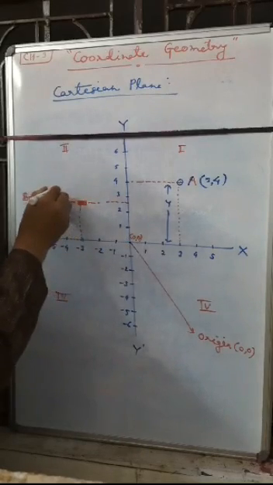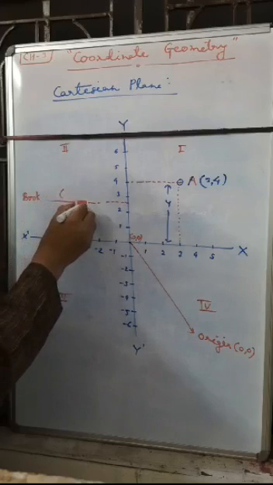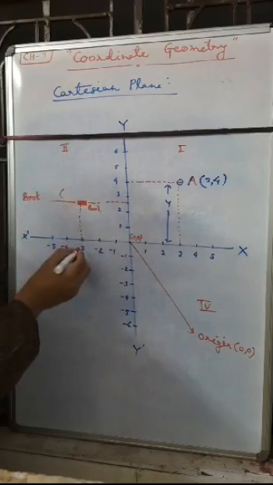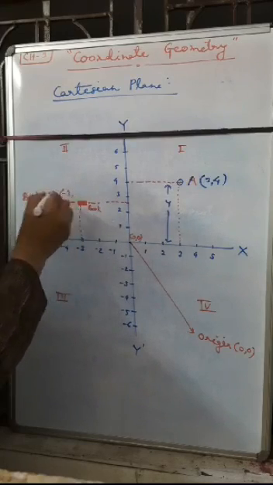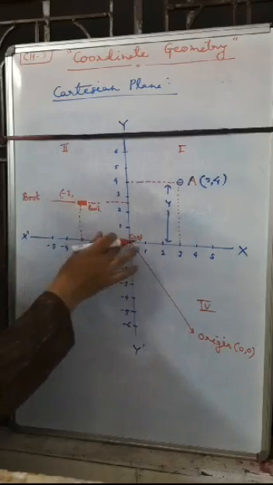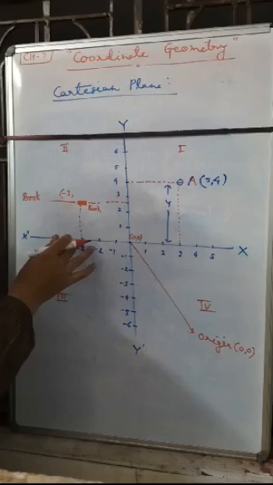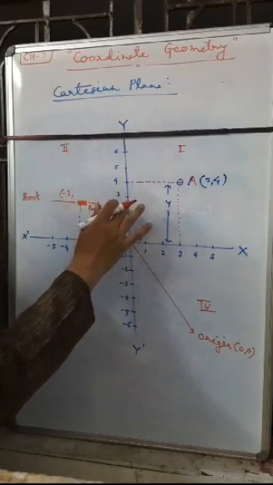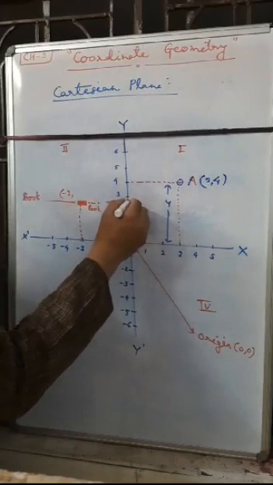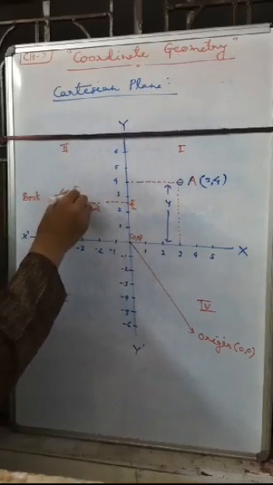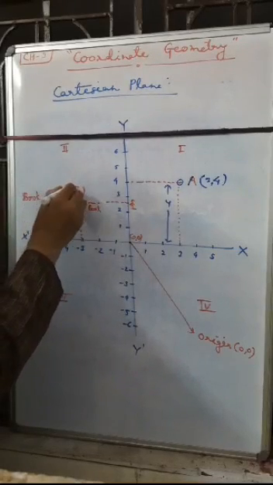We write the coordinate of this book B. Distance is always positive, but here we have covered from the origin to the point minus 3. Now the other point lies between 2 and 3, so it is 2.5, or we can write it as 5 by 2. So we write (-3, 5/2).